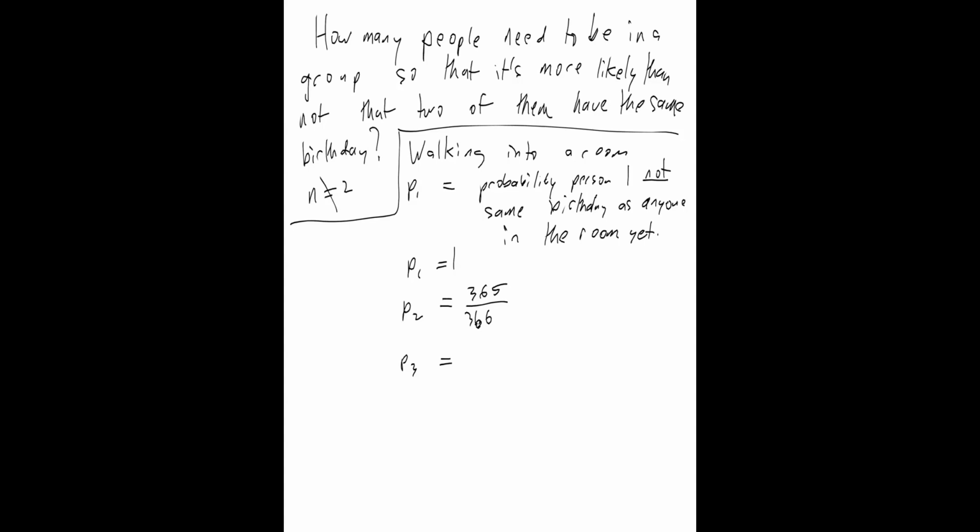We're going to assume that P1 is the probability person number 1 does not have the same birthday as anybody in the room yet, and nobody else in the room has the same birthday yet either. So, and no one else does either. Why is that important?